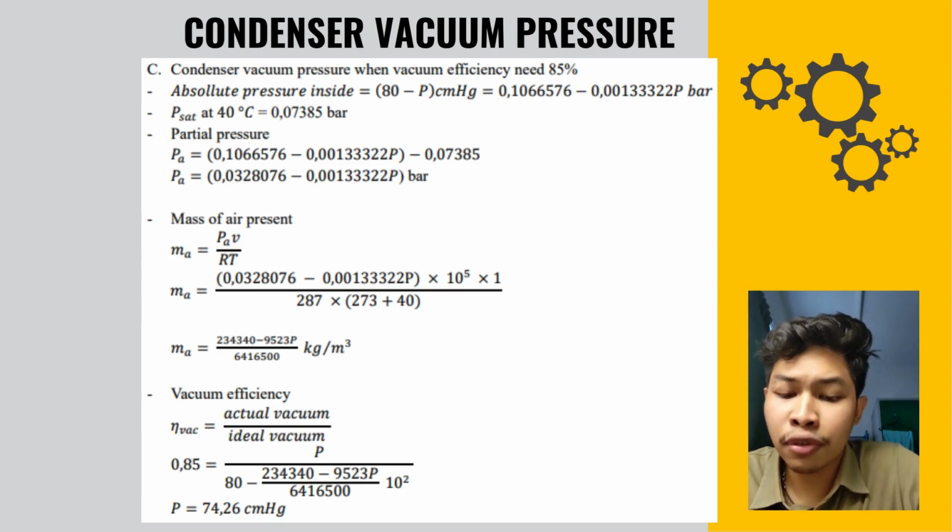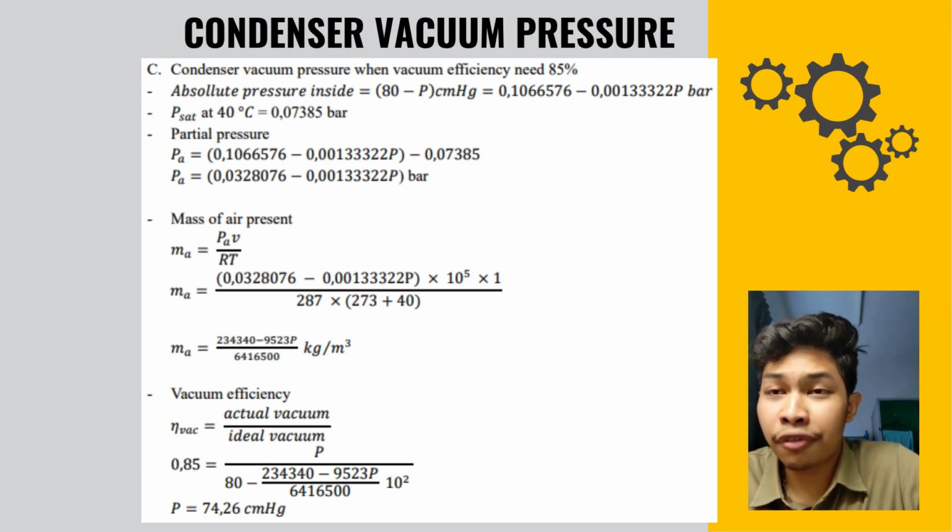Next is the partial pressure, which is the absolute pressure inside minus the saturation pressure at 40 degrees Celsius, and again the variable P is inside. Then we need the mass of air present. The formula is partial pressure times V divided by R, where R is the constant and T is 40 degrees Celsius, transformed to Kelvin. We get the mass of air present, but the variable P is still inside, so we have to find P.